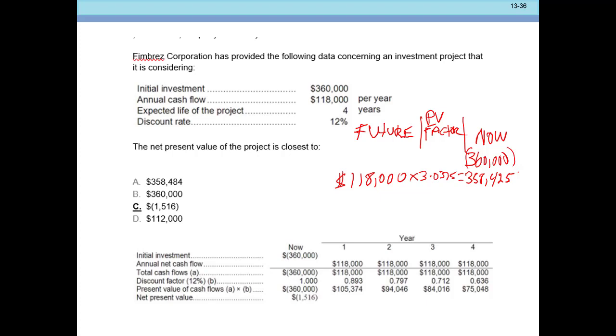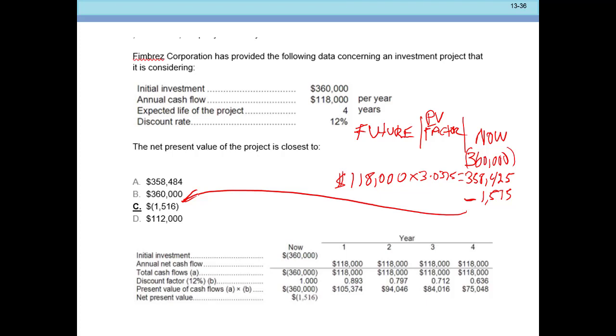And so I end up with a net present value of how much? I don't think it's exactly 1,516. What is it? 1,575 thereabouts. Okay. But obviously the right answer is given here, right? We find that that's the right answer.